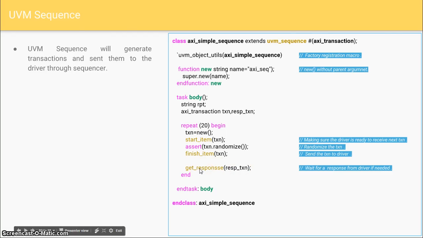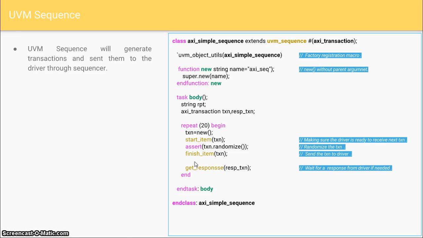If there is no need to wait for a response from the driver before sending the next transaction, you can just repeat this creation and sending of transactions in a loop as many times as you want. So again, this is the general outline of a simple sequence. There could be other complex logic added here based on the behavior of the DUT and the driver.